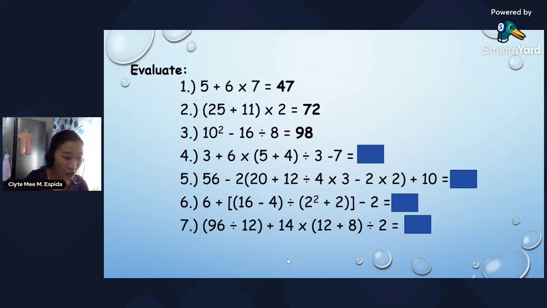For number 4, the correct answer is 14. We're going to do the grouping symbols first. So 5 plus 4 is 9.